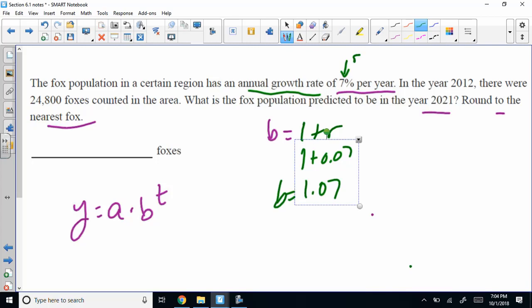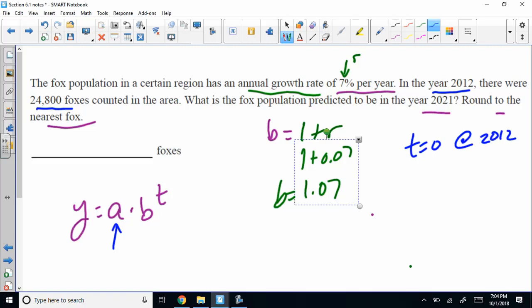Now, what you have to understand is in 2012, they told us there was 24,800 foxes. We said earlier that this A is an initial value, right? Correct? So what we have to understand is we're going to say T equals 0 at 2012, right?